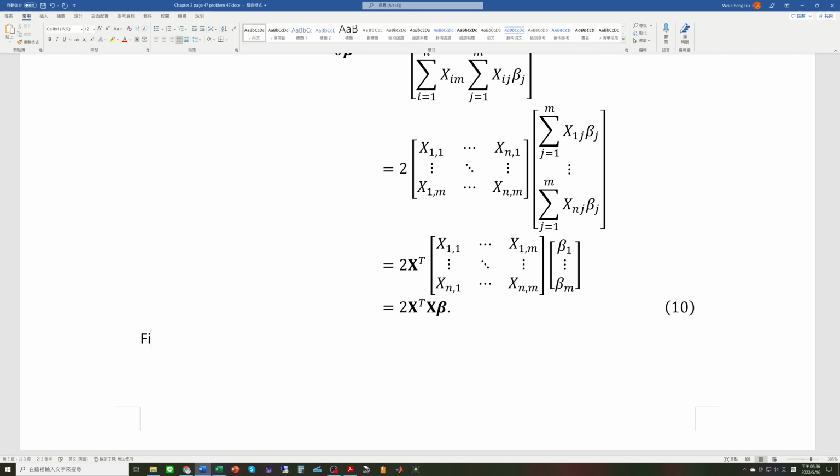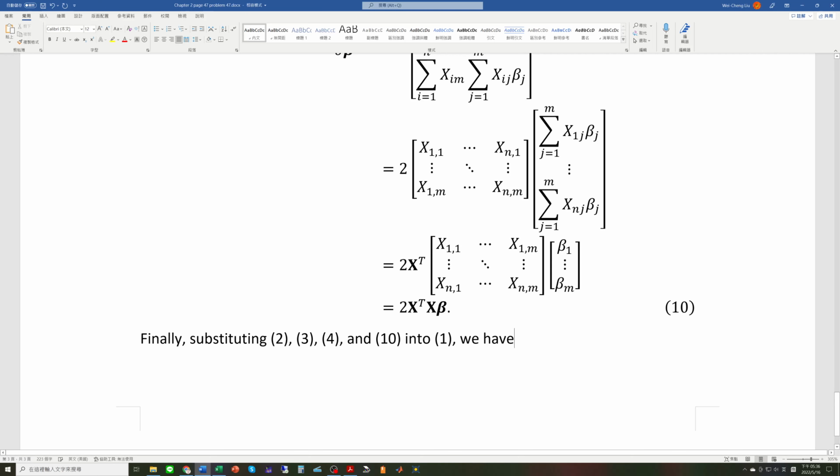So finally, the final step: substituting equation 2, equation 3, equation 4, and equation 10 into 1, we have, let us see equation 2.